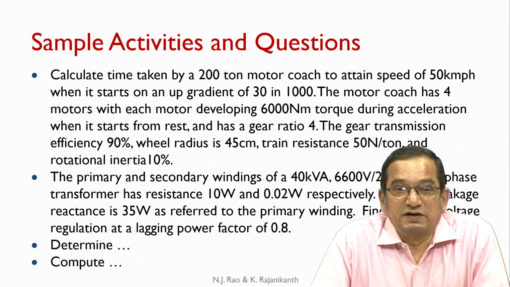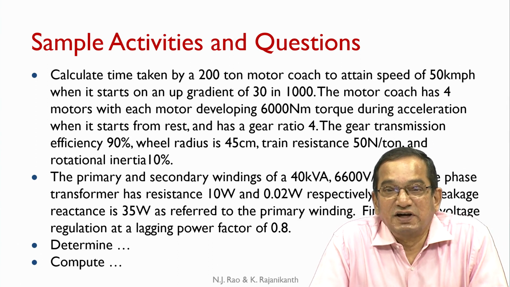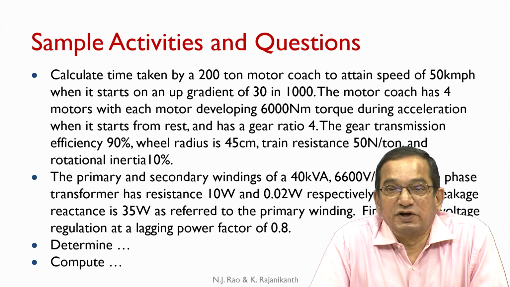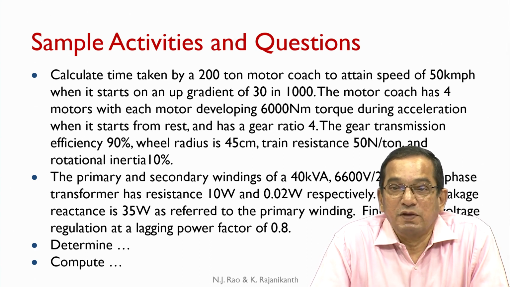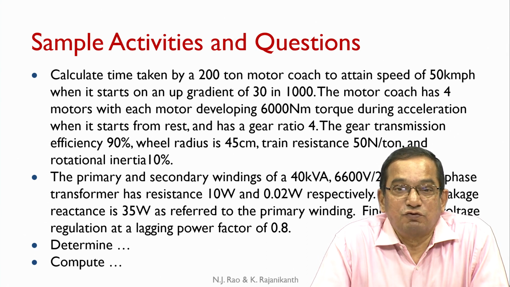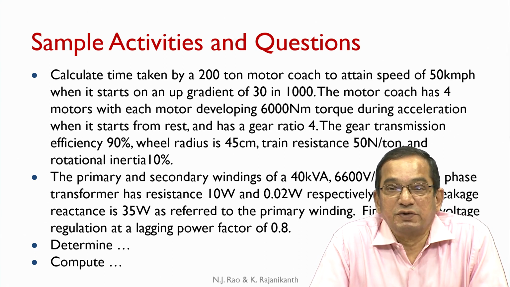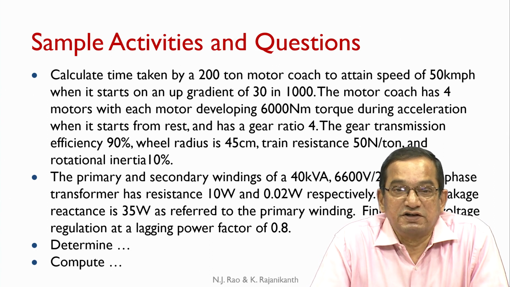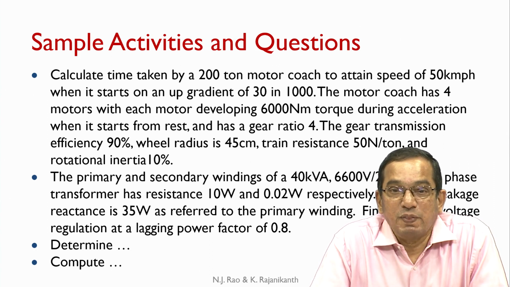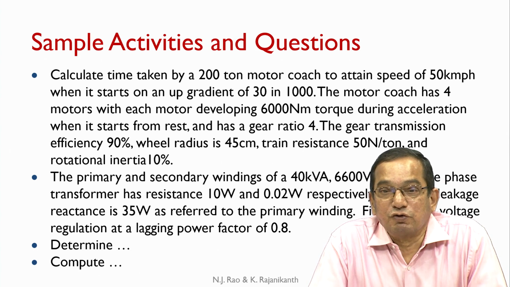Sample activities and questions. Calculate the time taken by a 200-ton motor coach to attain a speed of 50 kilometers per hour when it starts up on a gradient of 30 in 1000. The motor coach has 4 motors, with each motor developing 6000 Newton meter torque during acceleration when it starts from rest, and has a gear ratio of 4.